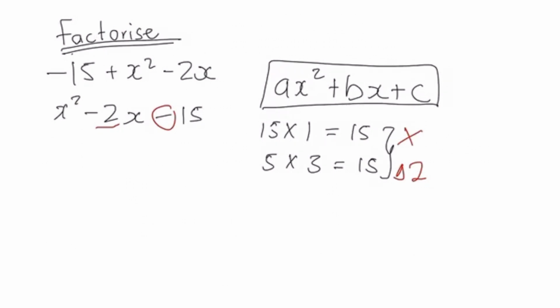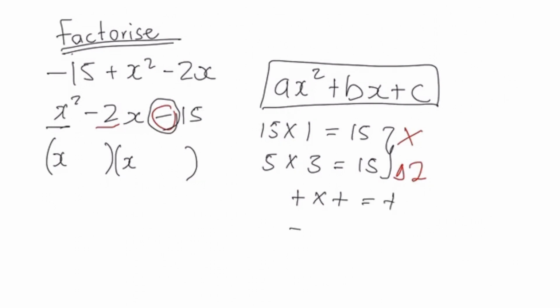All we have to do now is to open two brackets like this. You put your x and x to get this x squared. And then we say, the signs are not the same. Why are the signs not the same? To get the negative 15, you must multiply different signs. If you multiply plus and plus, you get a plus.